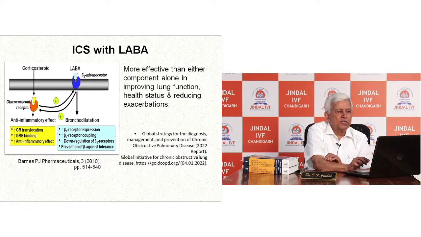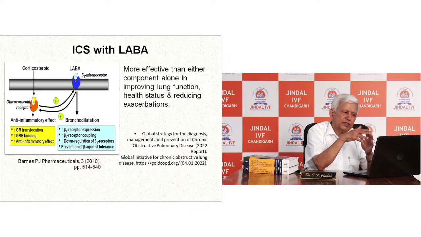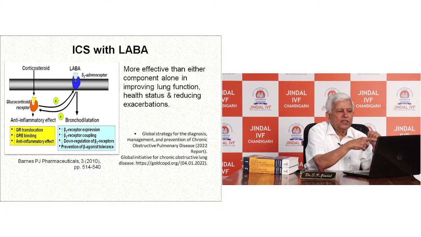On the other hand, LABAs cause bronchodilation through the beta receptors, you see. So they act on different receptors, so they are in a way additive to each other, you see. More importantly, however, they augment the effect of each other.